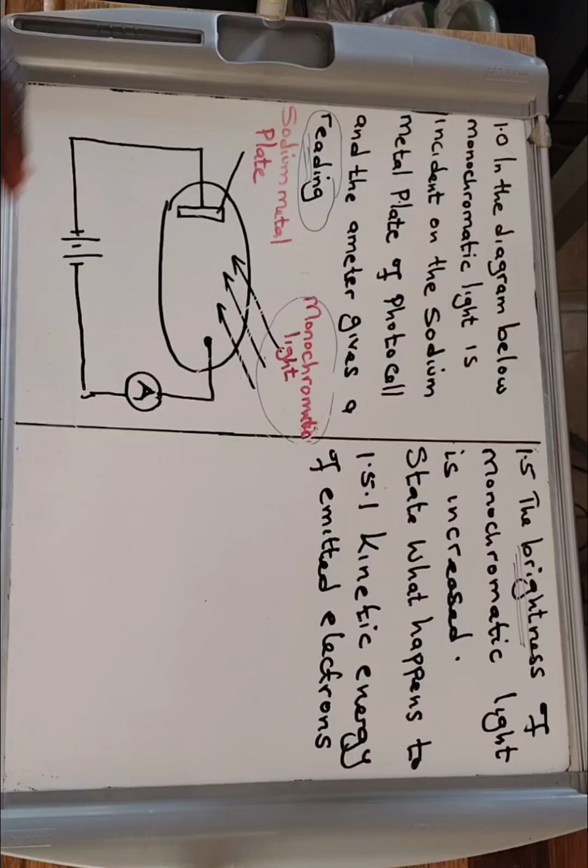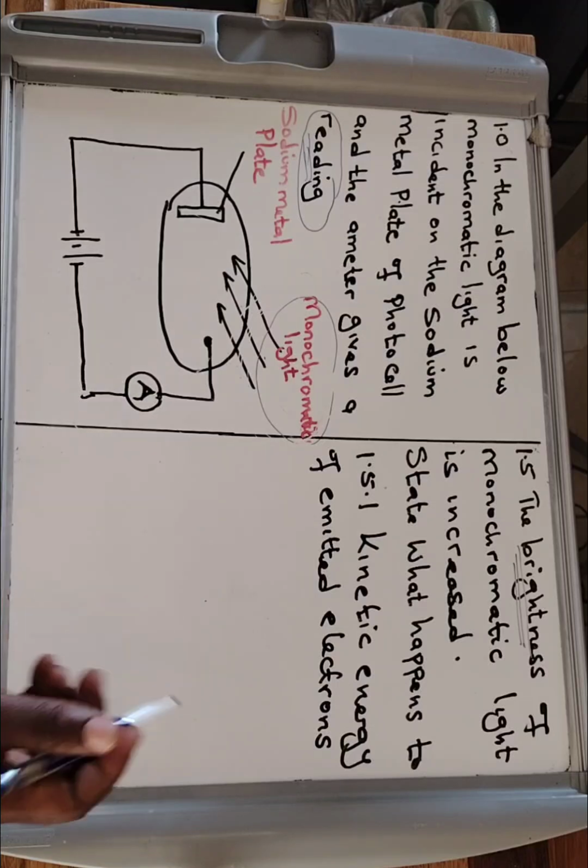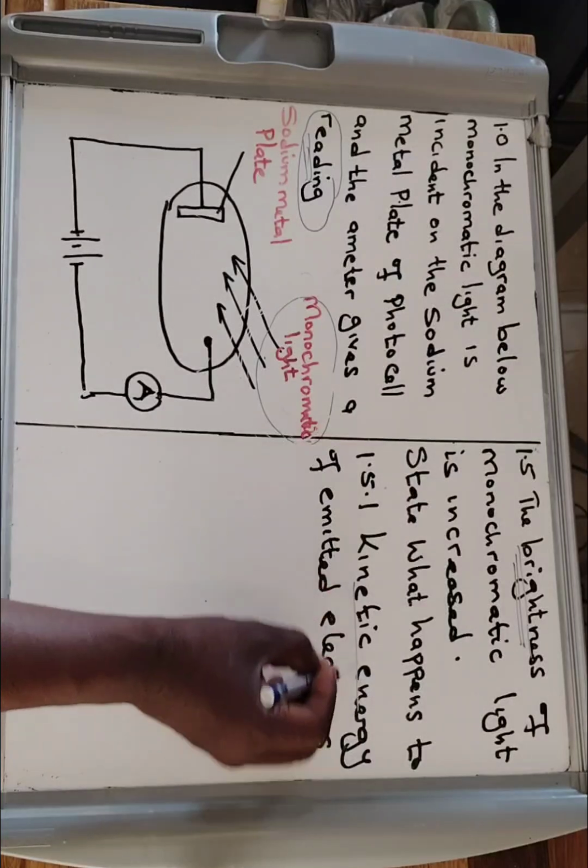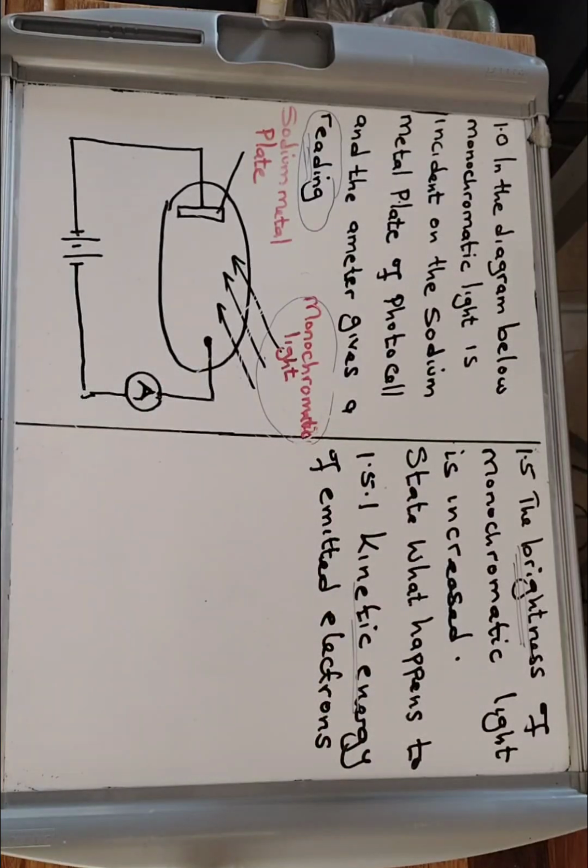And then comes the question, what is the effect of intensity on kinetic energy of emitted electrons? You have to know that the intensity represents the number of photons striking the metal surface per unit time. Kinetic energy is an energy factor, which comes from frequency or from wavelength.